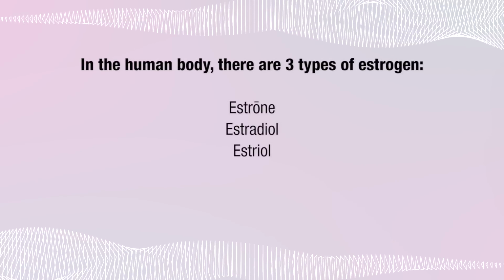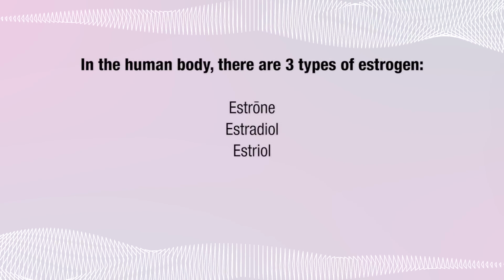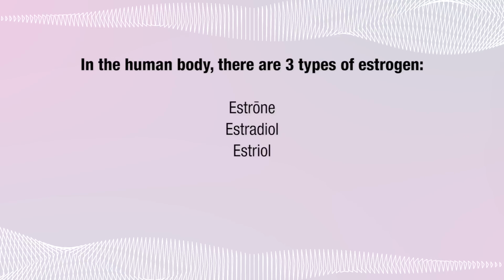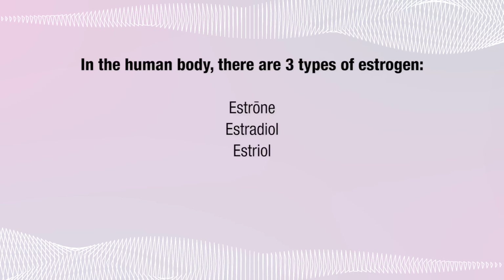Okay, in the human body, there are 3 types of estrogen. We have estrone, estradiol, and estriol, and they all have different roles. So to keep them straight, all you have to remember is 1, 2, 3. That simple. 1 is for own.